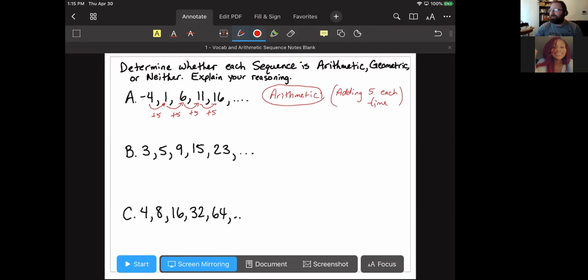Okay? That means it's got a constant addition pattern, which makes it a common difference of 5. Okay? So then on the next one, there is a pattern, but the pattern is not as obvious.